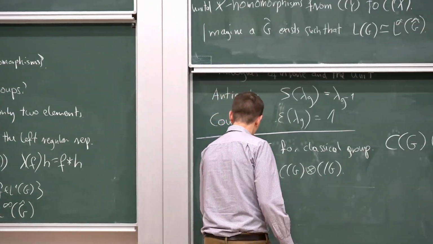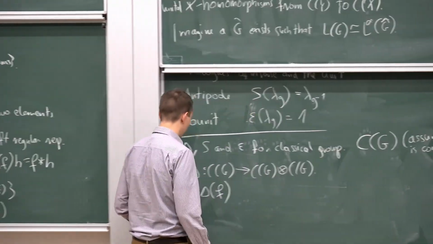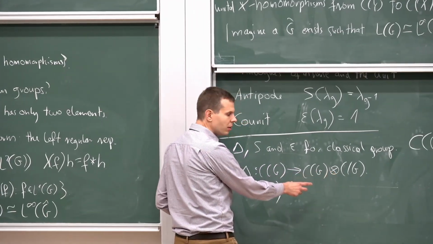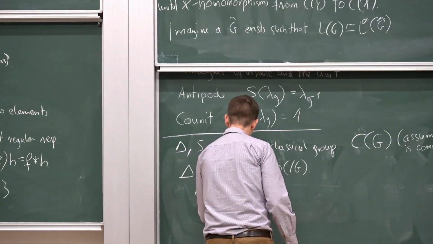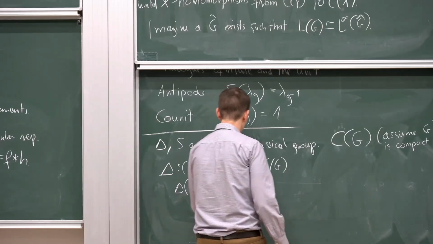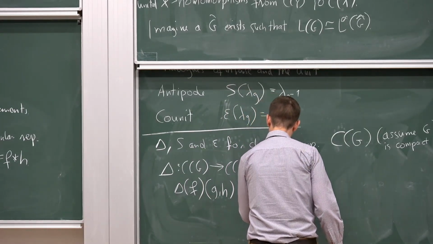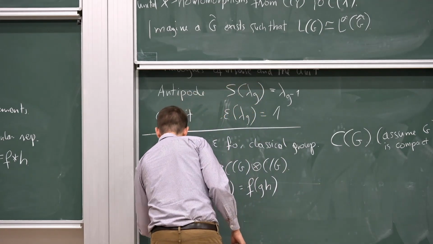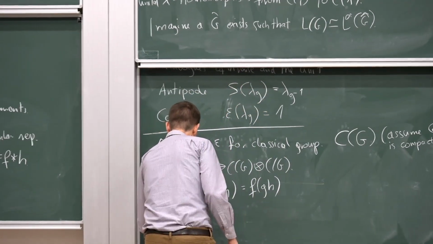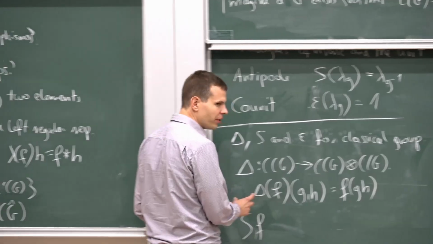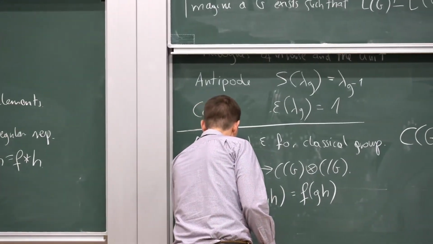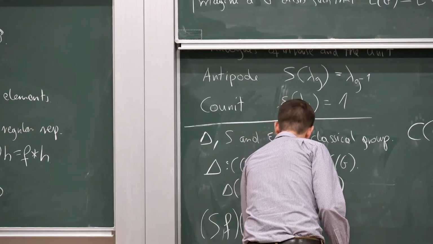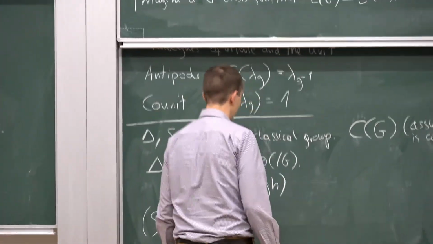And how does it work? Applying delta of f, this should be a function of two variables, right? So at points g, h, well, this is just f of gh. The S on f should be the analog of the inverse, right? So if you take S of f at g, it means that you should apply f to g inverse.